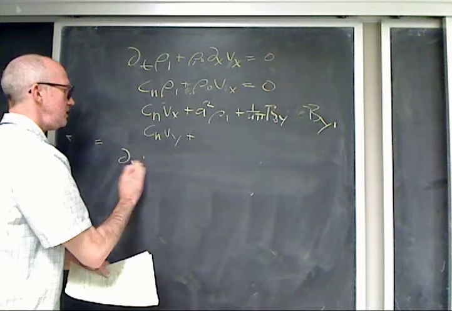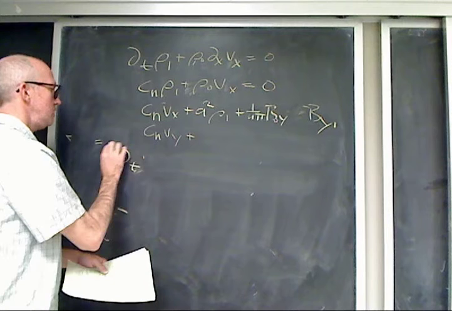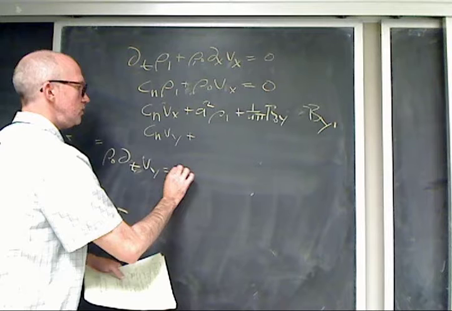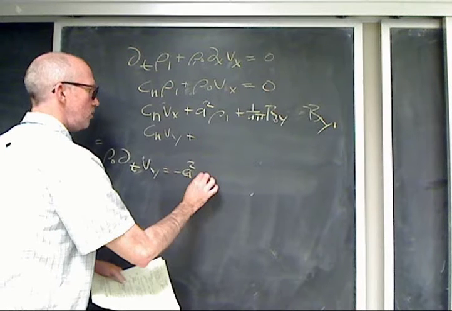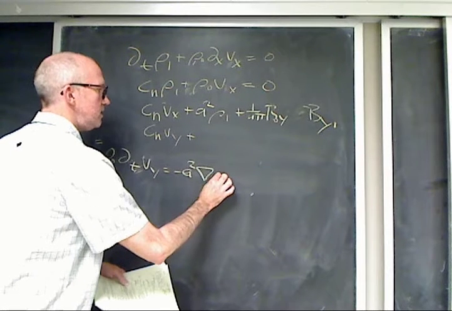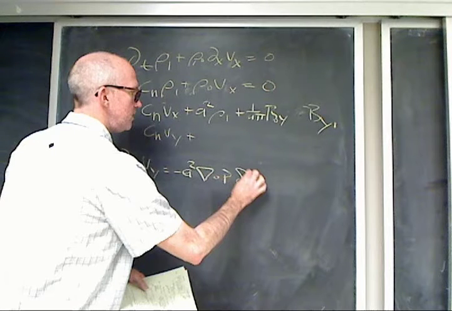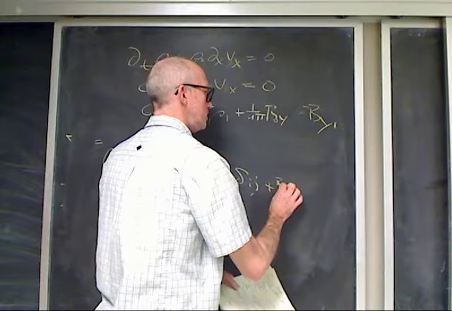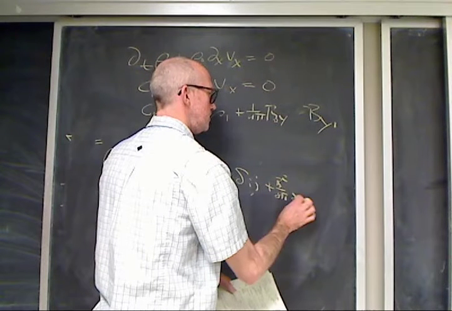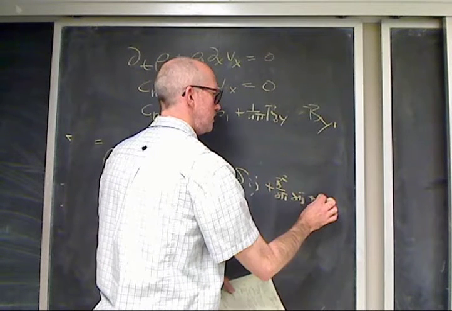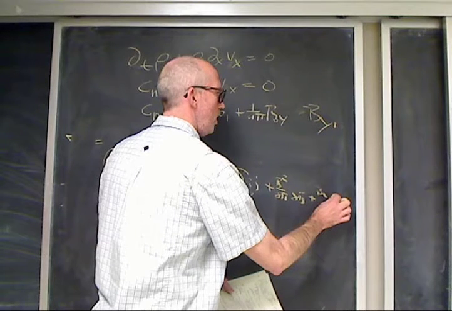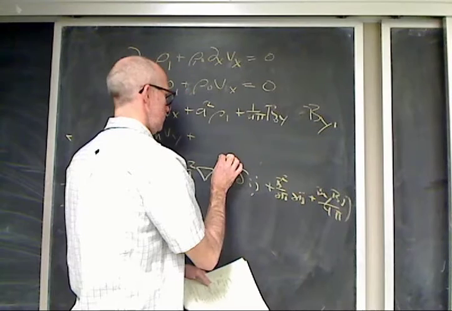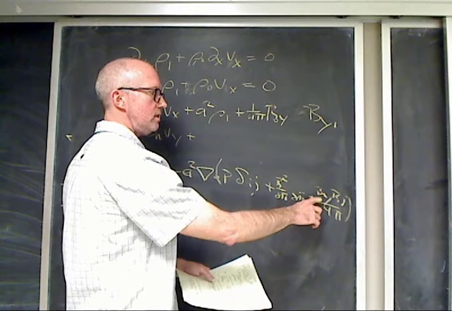So rho naught d by dt of Vy equals minus a squared div p delta ij plus b squared over 8 pi delta ij plus BiBj over 4 pi. Sorry, that's a minus sign.